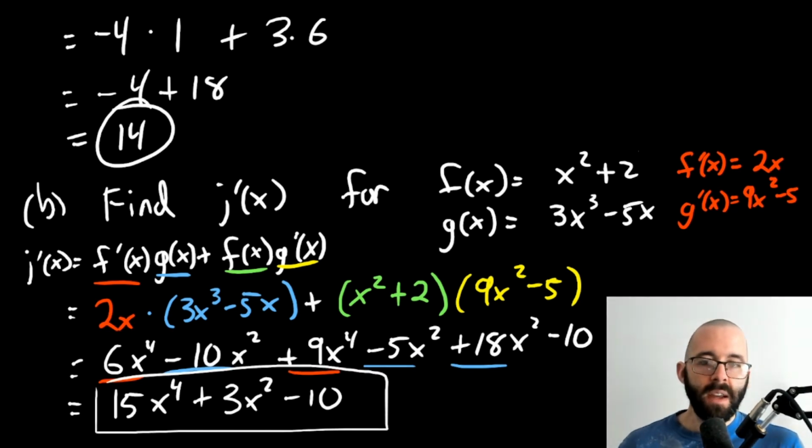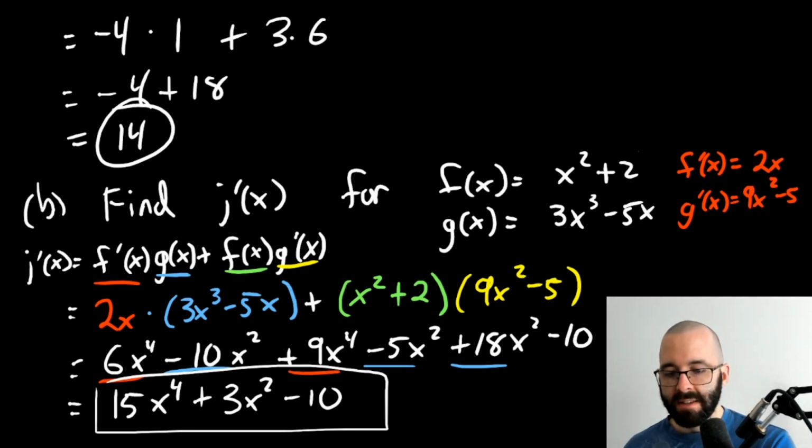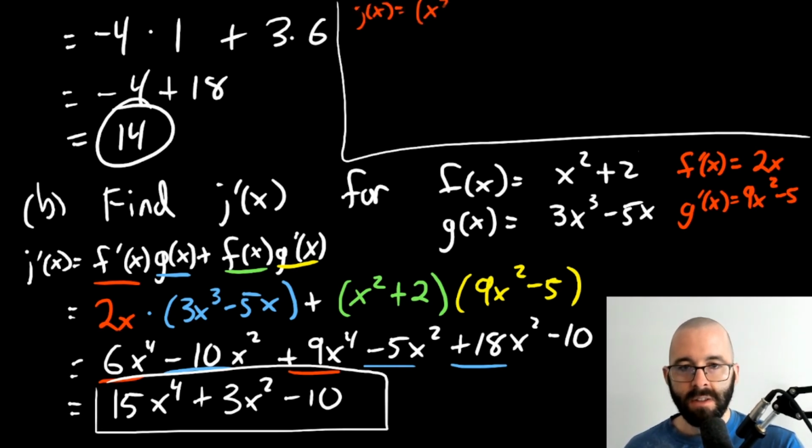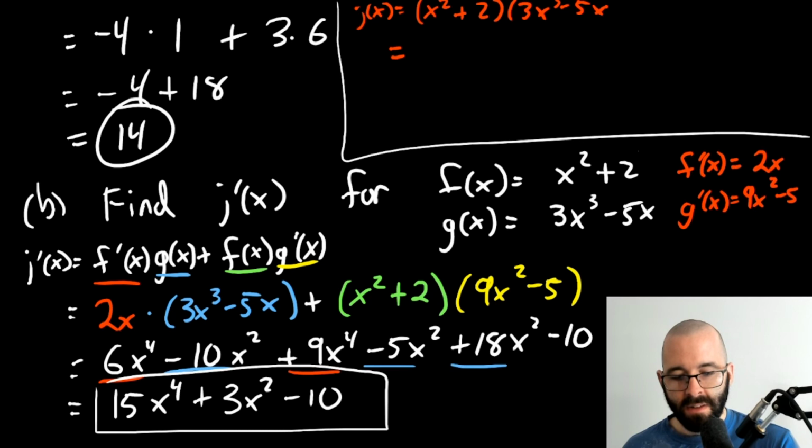Now, of course, there's a way to do this without using the product rule at all, right? We could just find j of x if we wanted to. There's another way of doing this problem, and we should get the same answer. j of x is f times g. So it's x squared plus 2 times 3x cubed minus 5x. We can just find what j of x is.